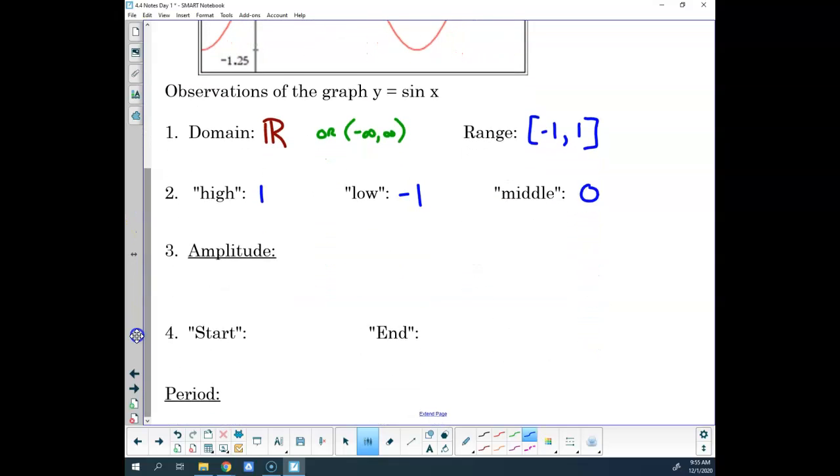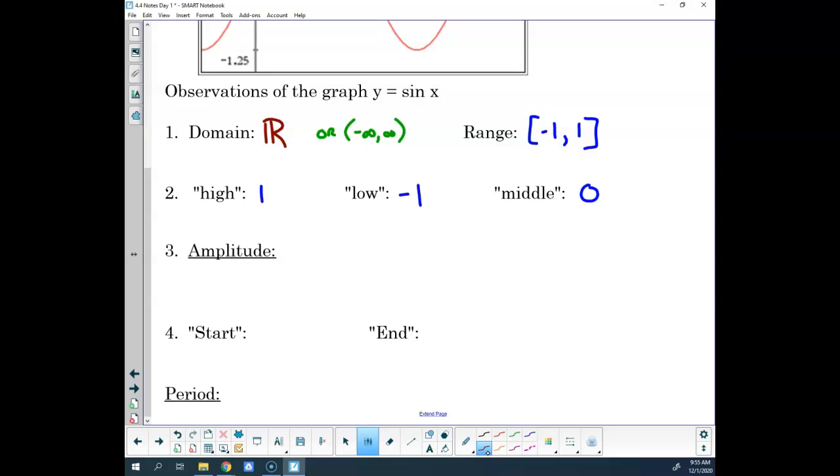Now, the amplitude has a definition, and the true definition of amplitude is the height of your wave. That's the definition of an amplitude. It's the height of your wave or the height of your curve or however you want to call it.